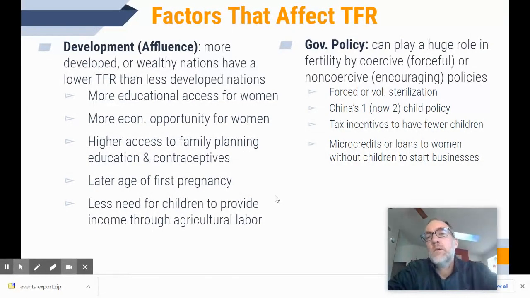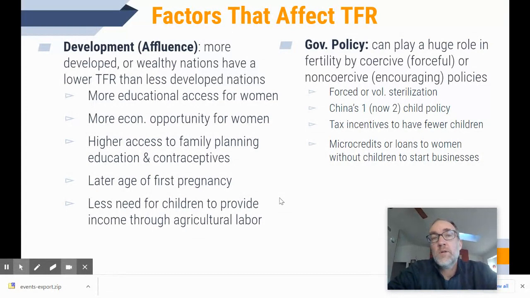Government policies can also play a factor. Examples are China has had one-child policy. Now it's two-child policies. There have been examples both in China and India of forced or volunteer sterilization. We're going to be discussing those different techniques in terms of ethics. There have been tax incentives to have fewer children.